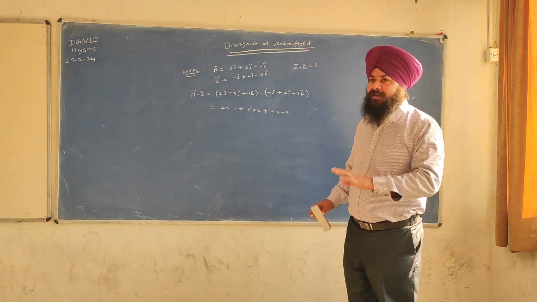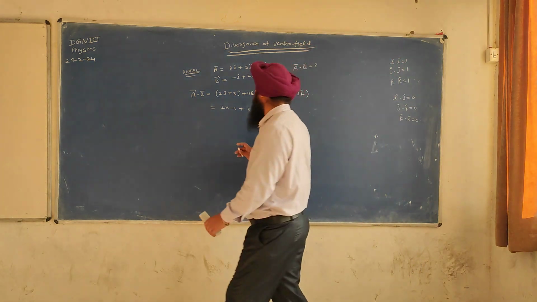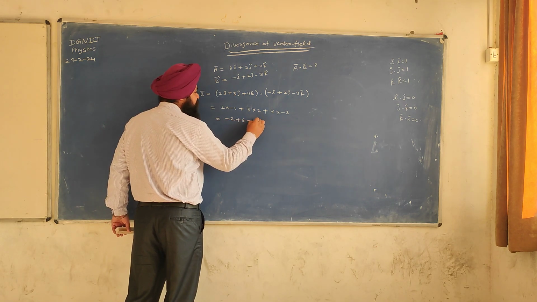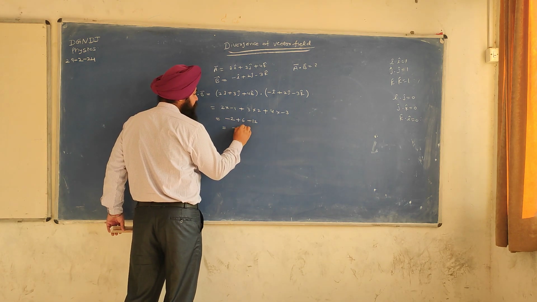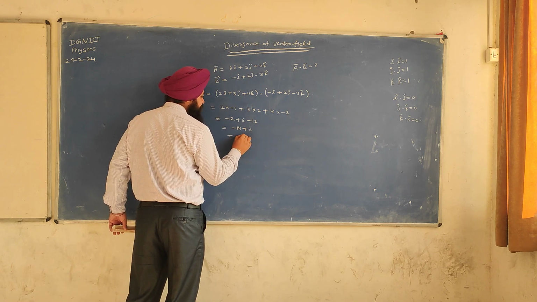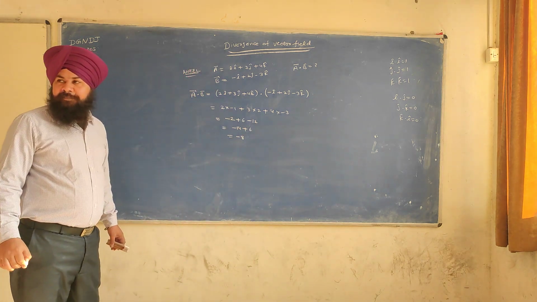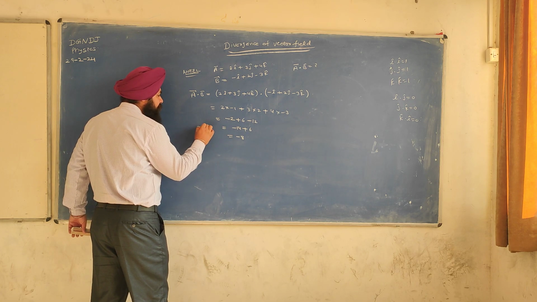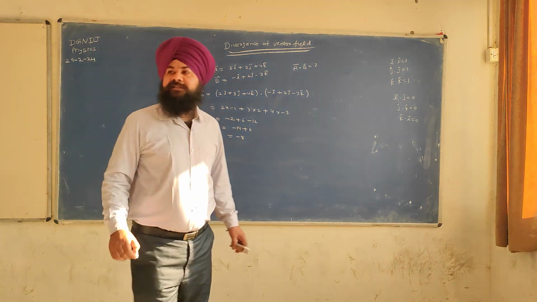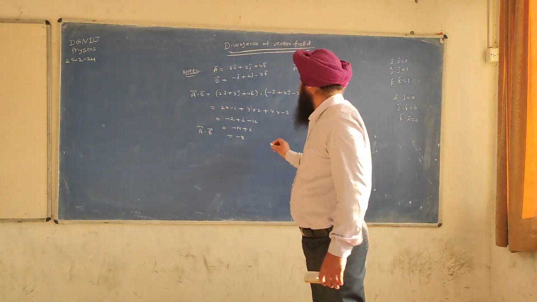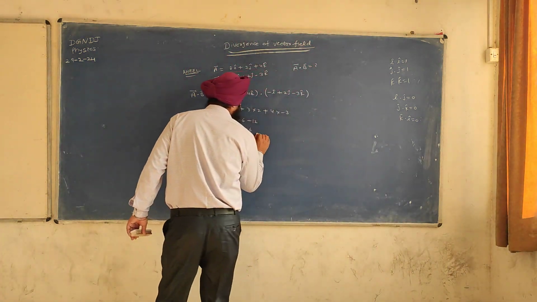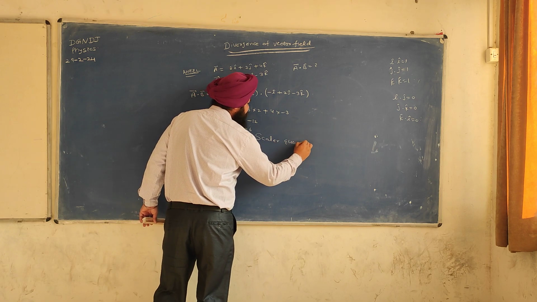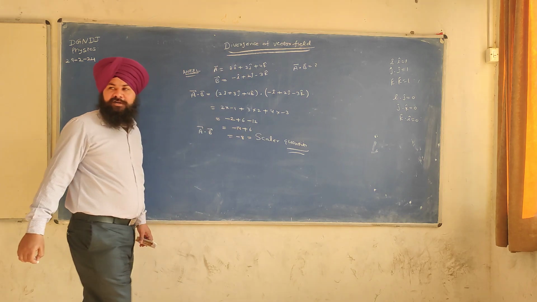So what's the answer? My answer is minus 2 plus 6 minus 12, which is minus 14 plus 6, minus 8. So the dot product of two vectors gives me a scalar quantity.